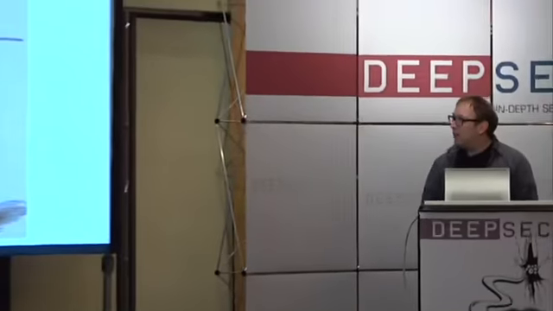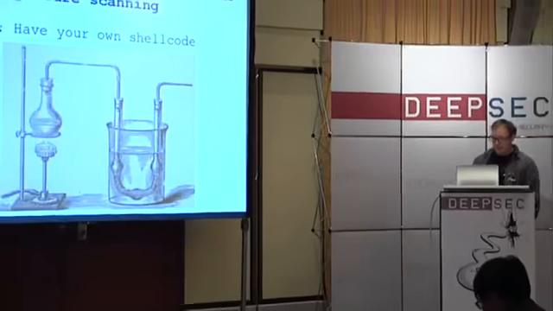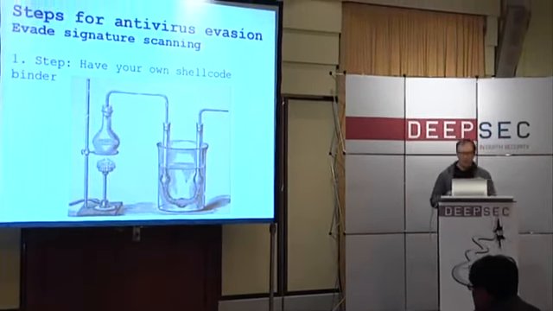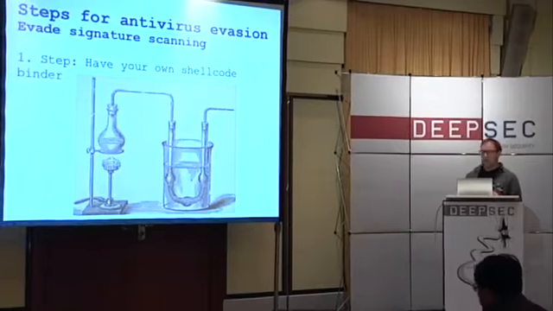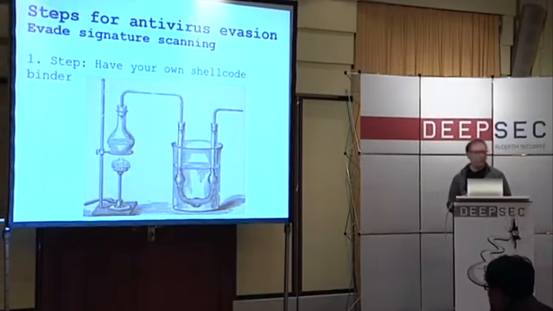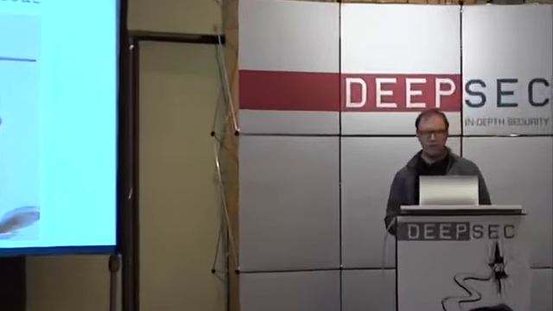So, as a first step, we need to have our own shellcode binder. Why is that important? We need this to evade the pattern-based virus recognition, because, for example, the Metasploit loader is recognized even if there is no payload in it. So even if you have an exe file which has no payload, any product will say this is a virus, although it isn't doing anything.